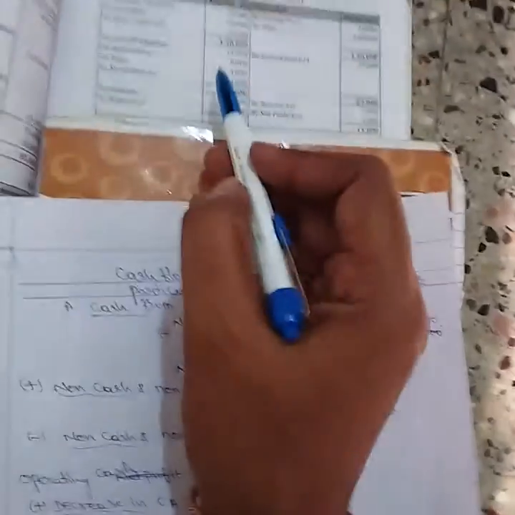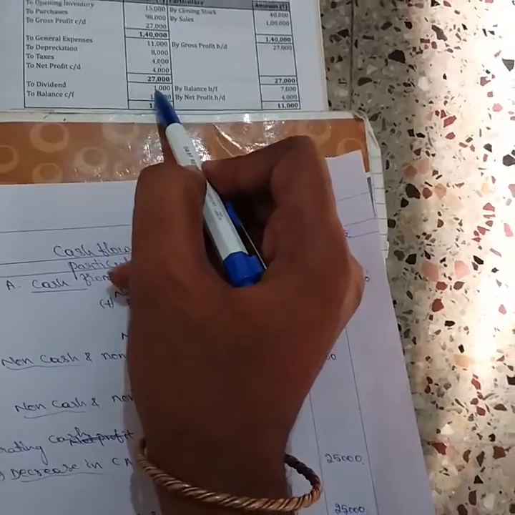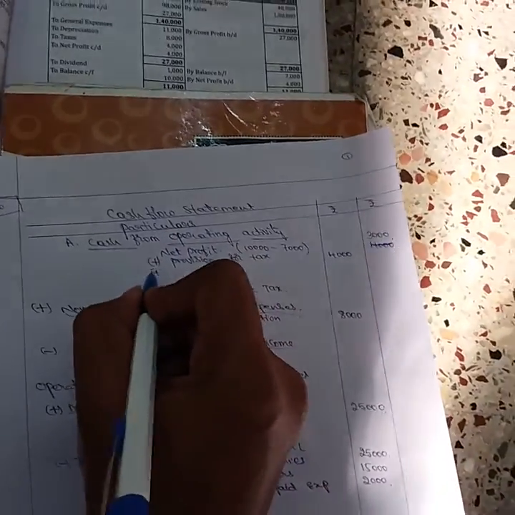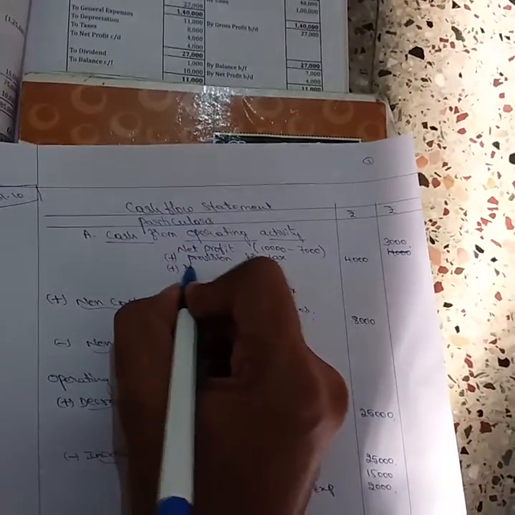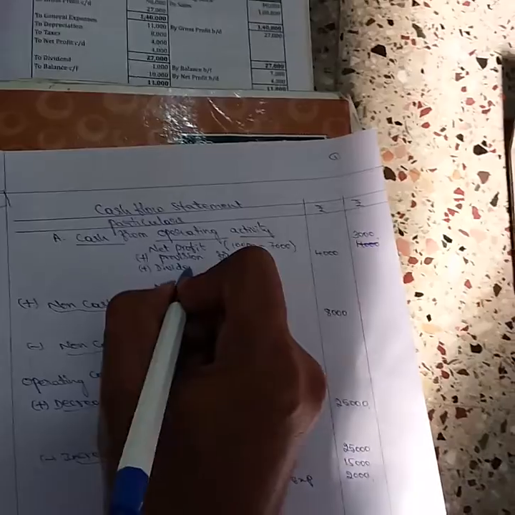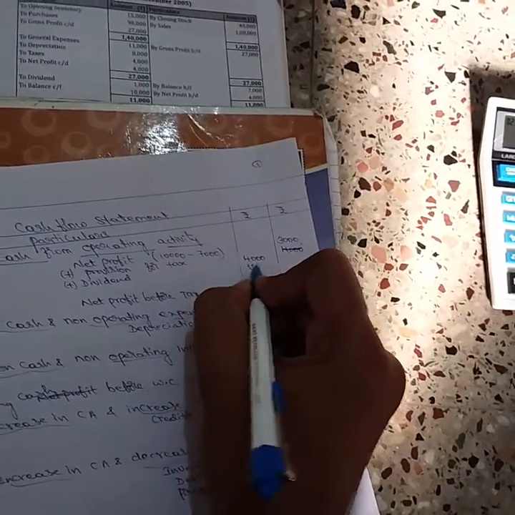Okay, tax is over. Next we have dividend. Dividend should be added to net profit to calculate profit before tax. As dividend is an appropriation of profit, dividend should be added here. Amount 1,000.